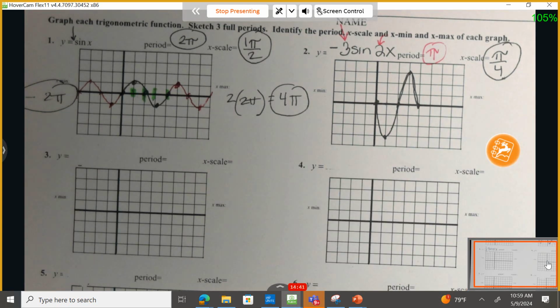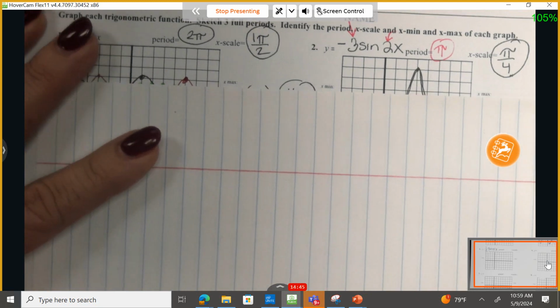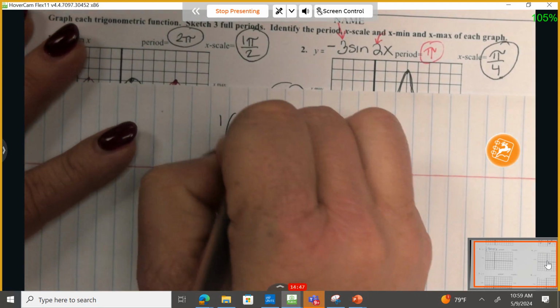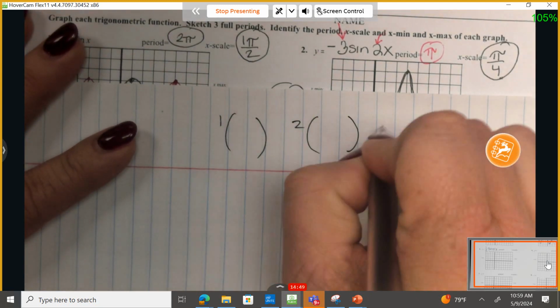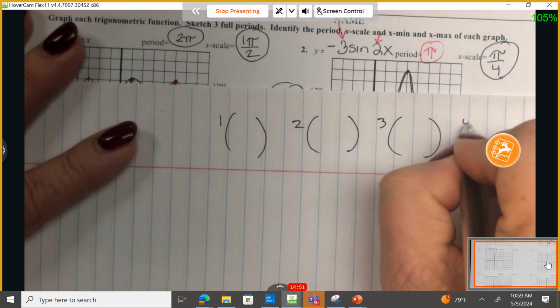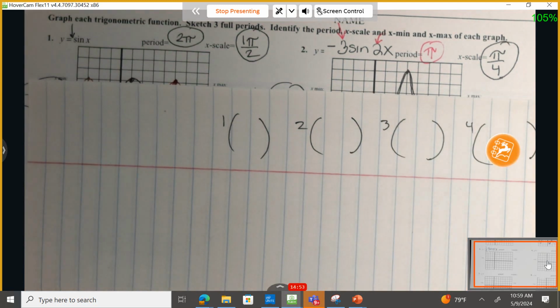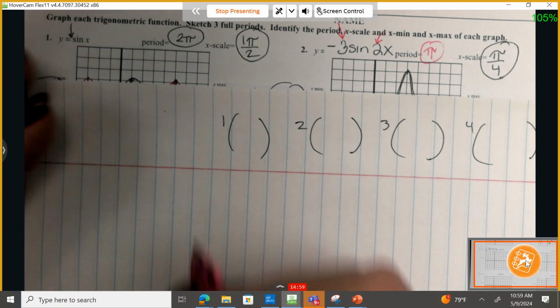They're all equal distances. Everybody grab your paper now, and I want you to write down 1, leave a parenthesis, 2, 3, and 4. Inside those parentheses, you will always write down, every single time, what the x scale is.